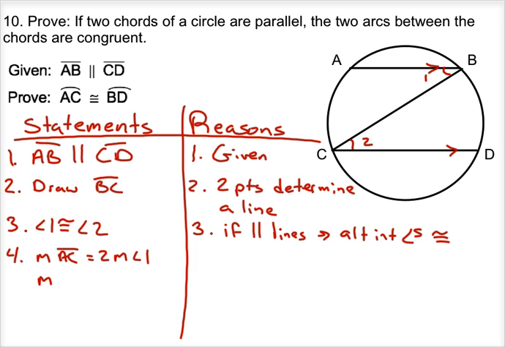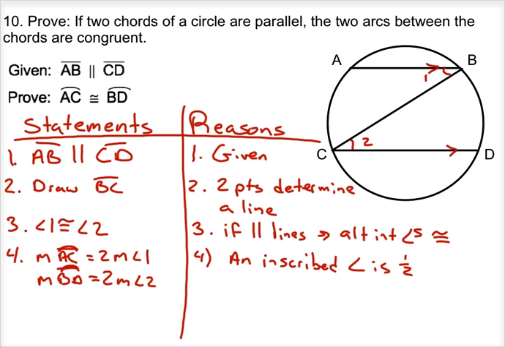Likewise, the measure of arc BD is twice the measure of angle 2. And I'm just going to write down an inscribed angle is half the intercepted arc.